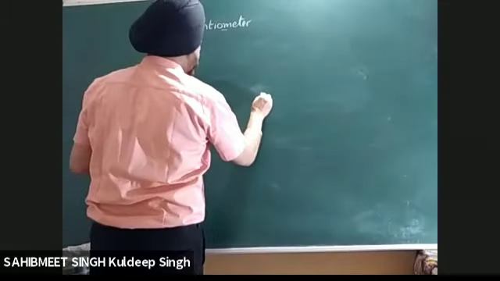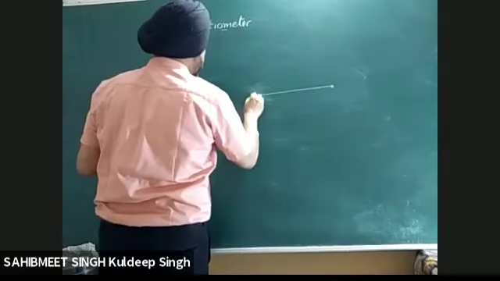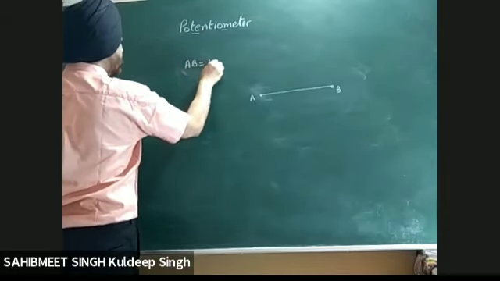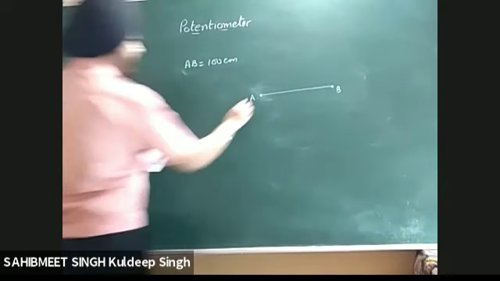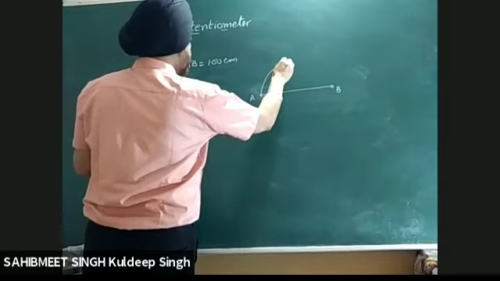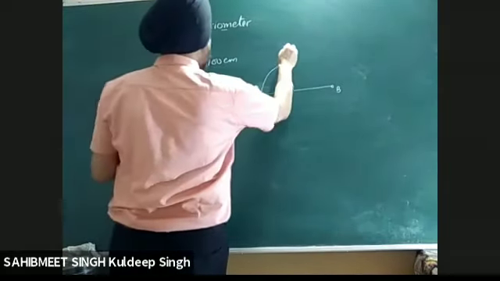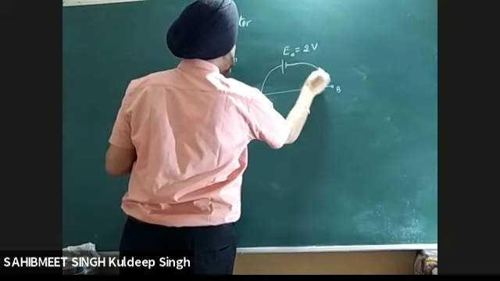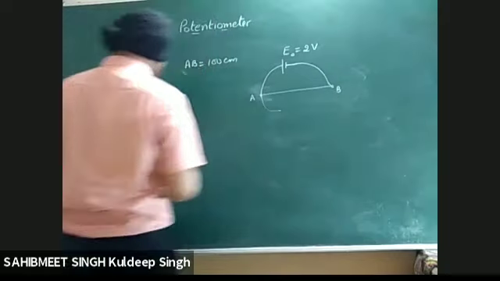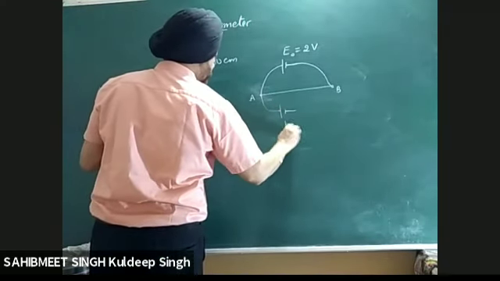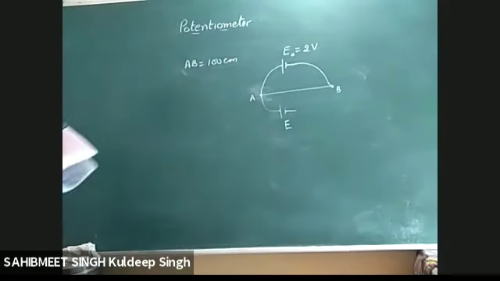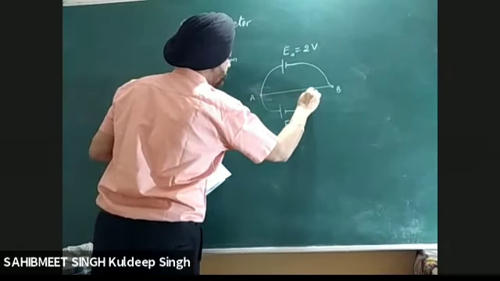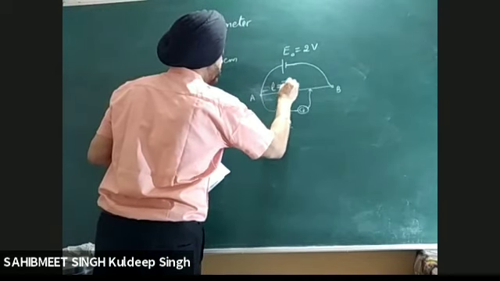I am given a potentiometer AB, and here AB is equal to 100 centimeter, and it is connected to a cell, say equal to 2 volt, and there is a secondary cell, say E. It is given that this cell is balanced across a wire of length 75 centimeter.